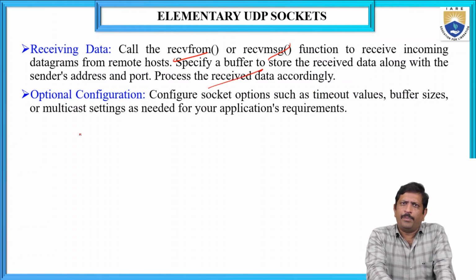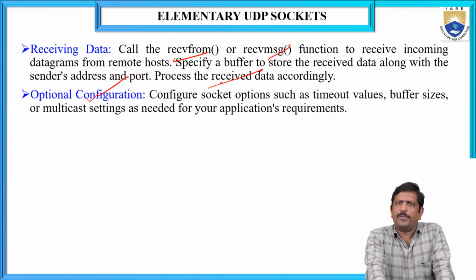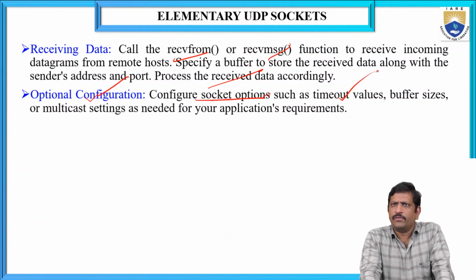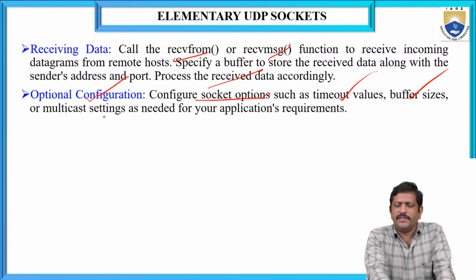Next, optional configurations. Configure the socket options such as timeout value, buffer sizes, or multicast settings, which are needed for client side or server side applications.